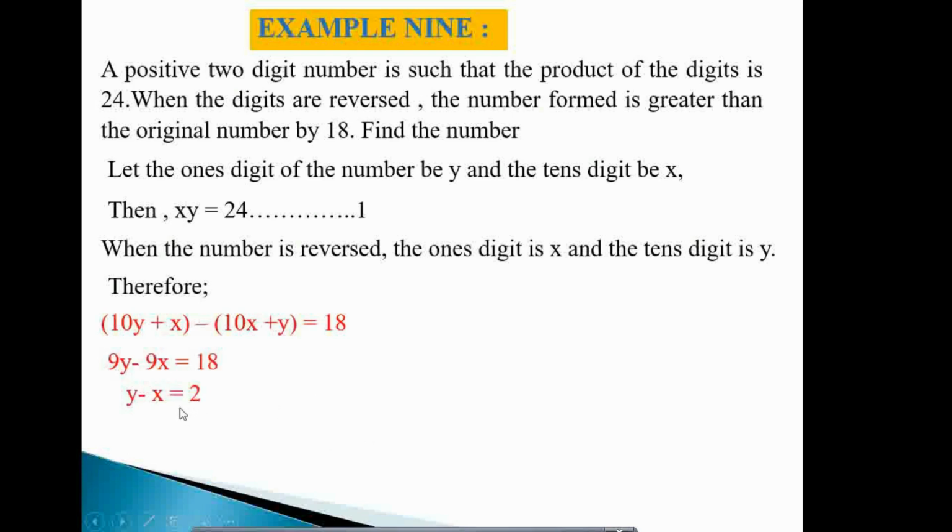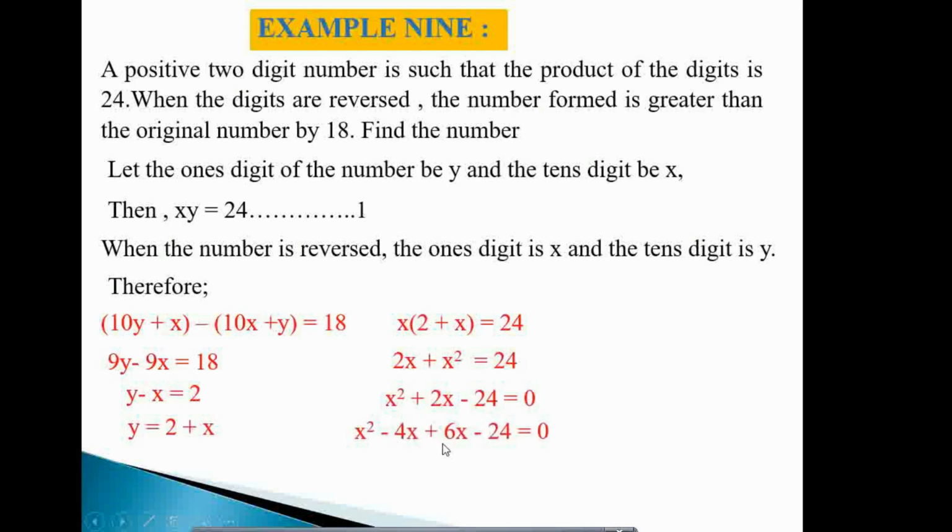So I want to solve these two equations. We have y is equal to 2 plus x. If we substitute into the equation, where this y we put 2 plus x, we'll get 2x plus x squared is equal to 24, which gives us a quadratic equation that we can go ahead and solve.